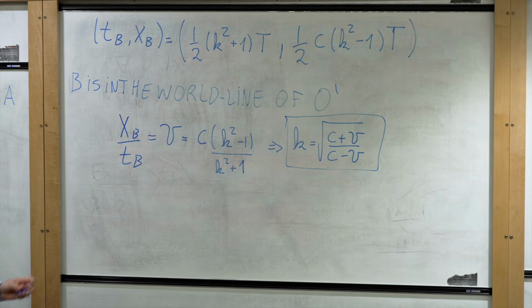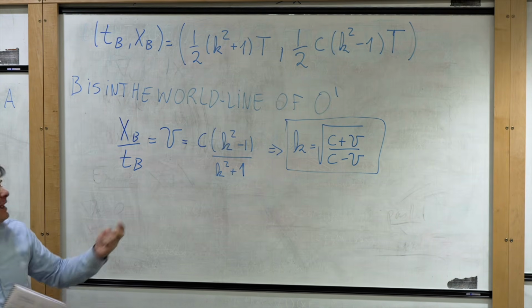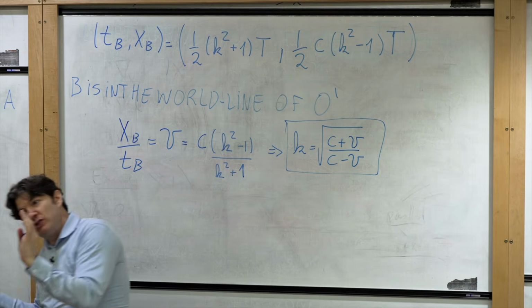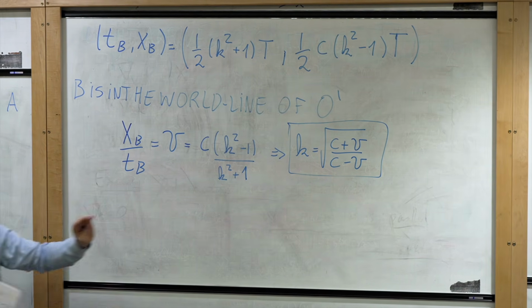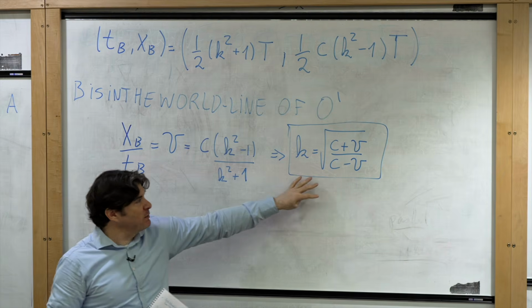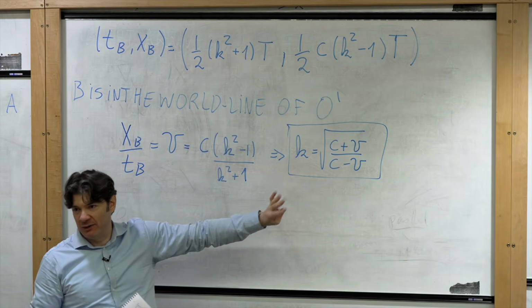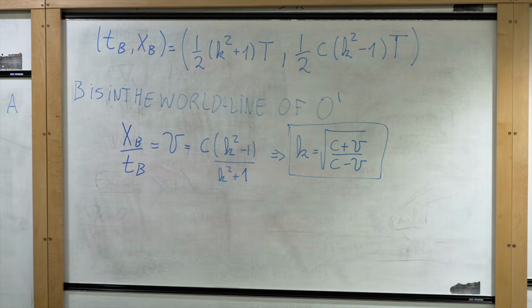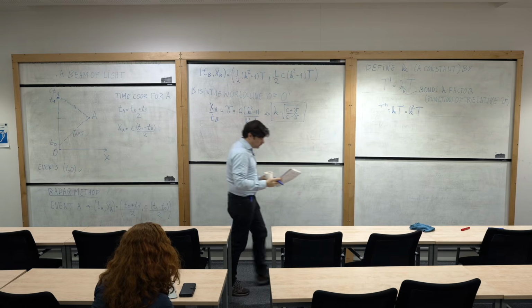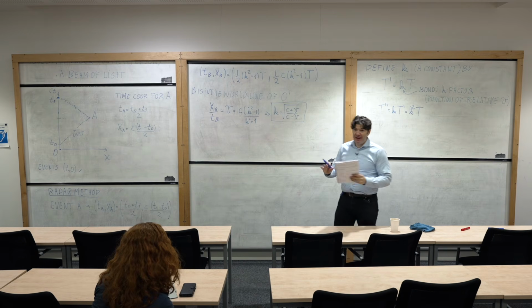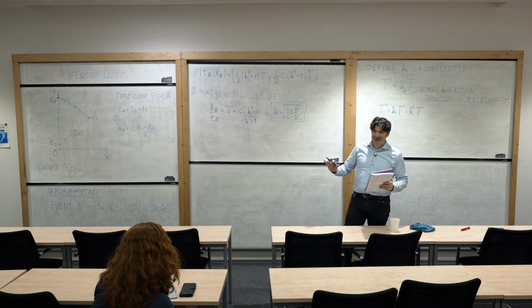You get a quadratic equation for k, and basically this is the solution we are choosing. You could wonder why we didn't choose the other solution, but we are choosing the same solution for both problems. So that's the statement. Very nice. Is that okay? Any questions about this?